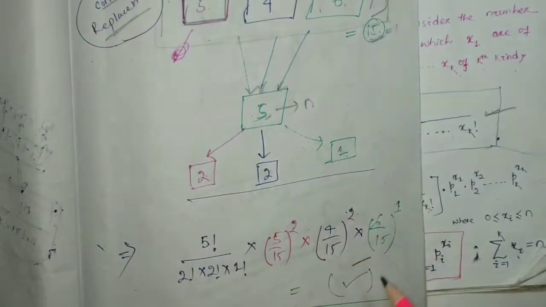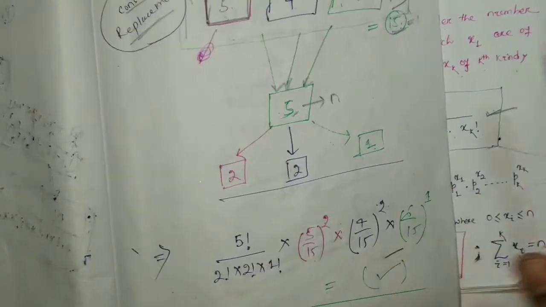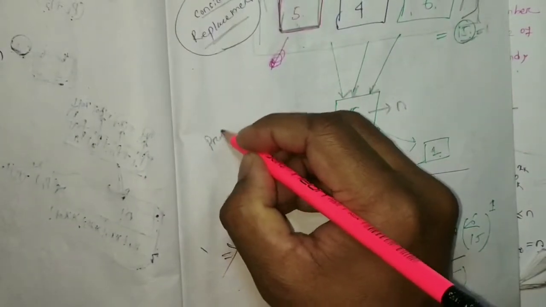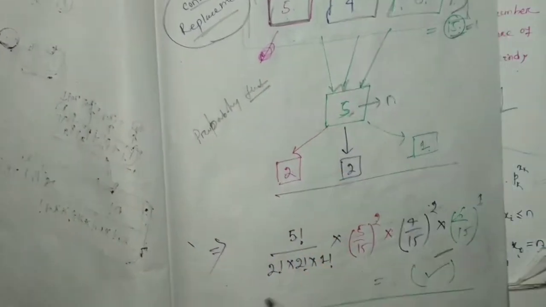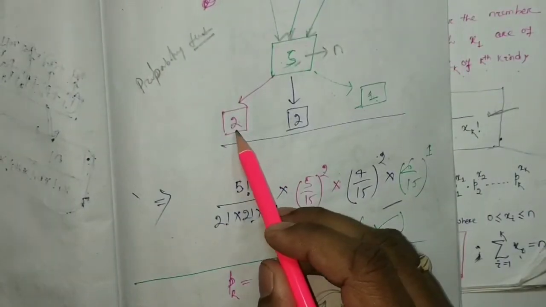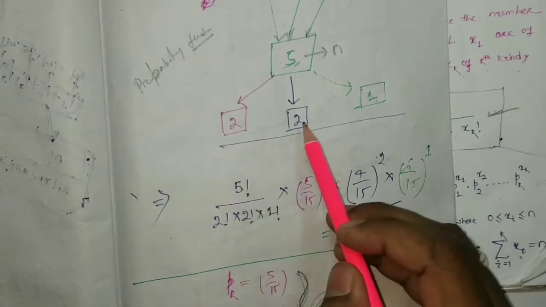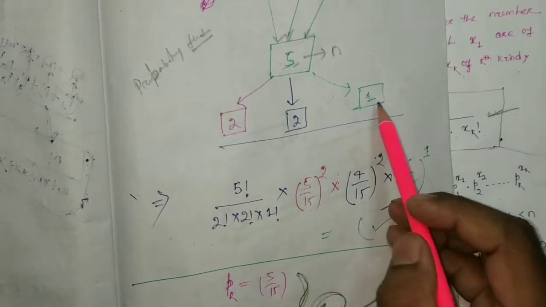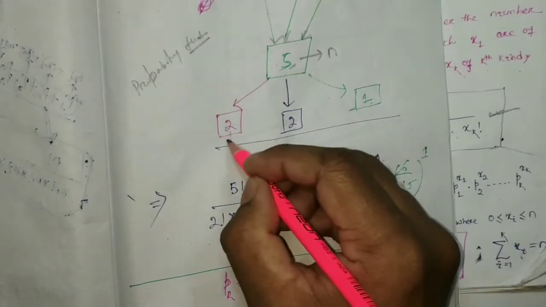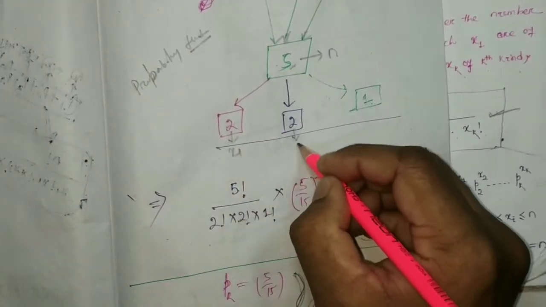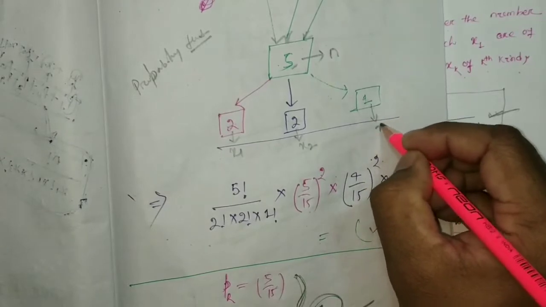Here I am expecting to find out what the probability will be of getting 2 red balls, 2 blue balls, and 1 green ball. So this belongs to x1, this belongs to x2, this belongs to, suppose, x3.